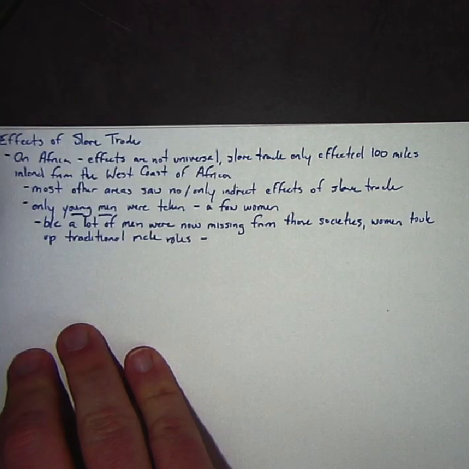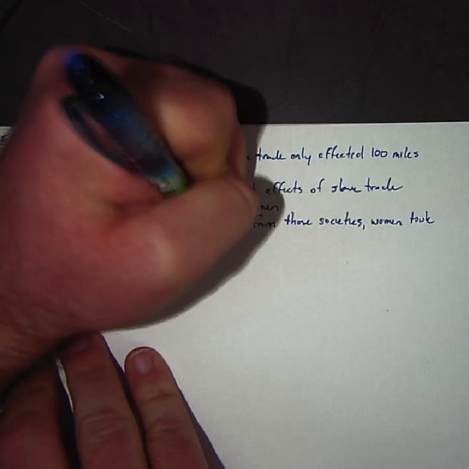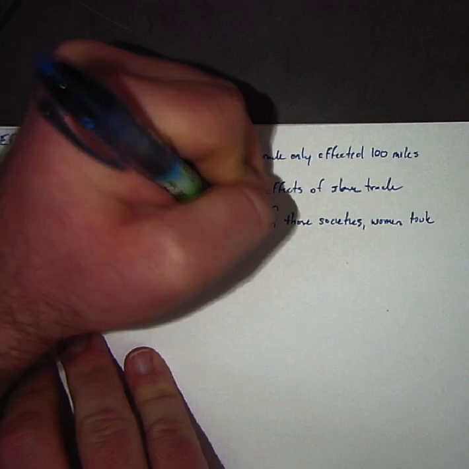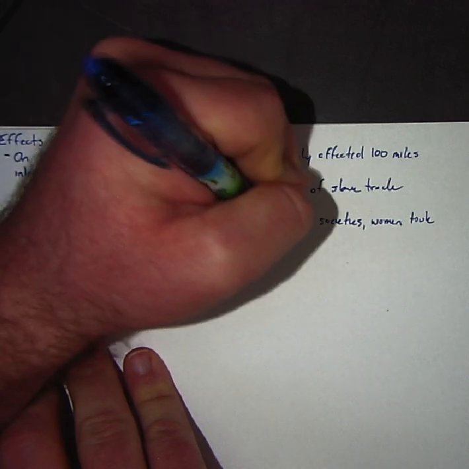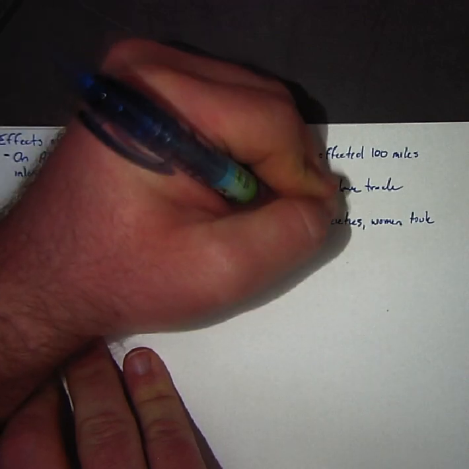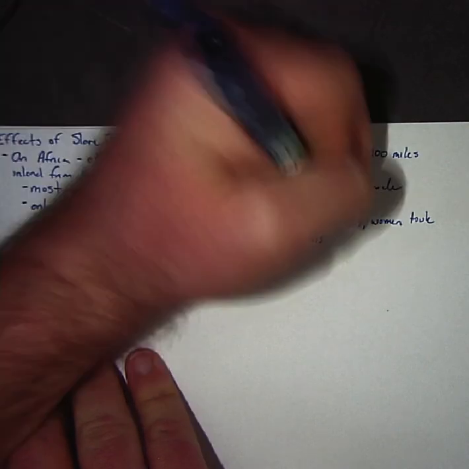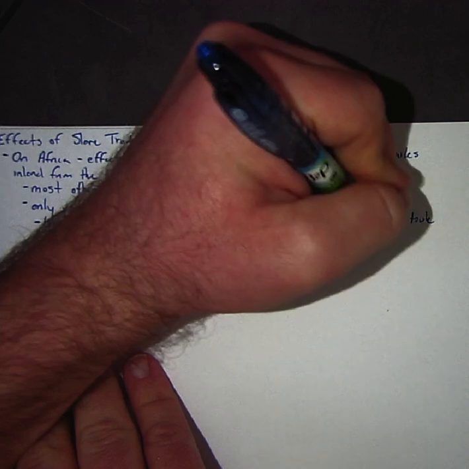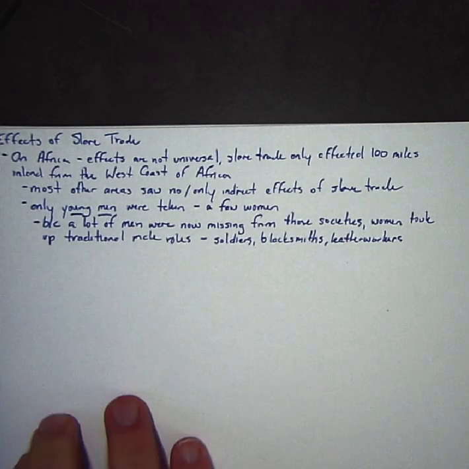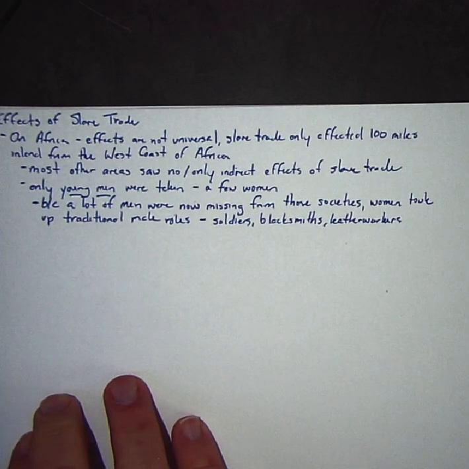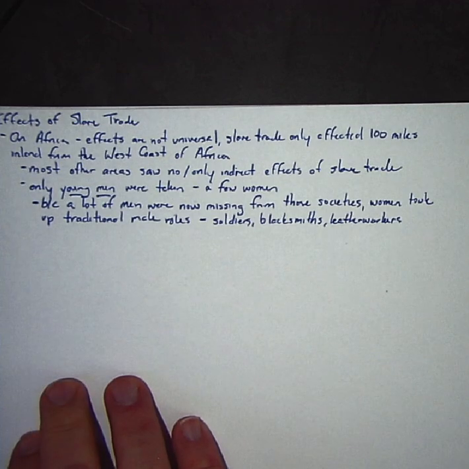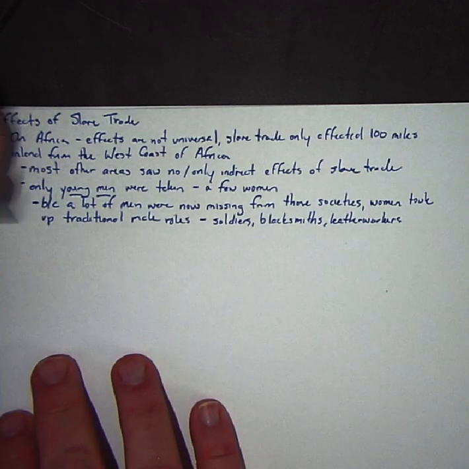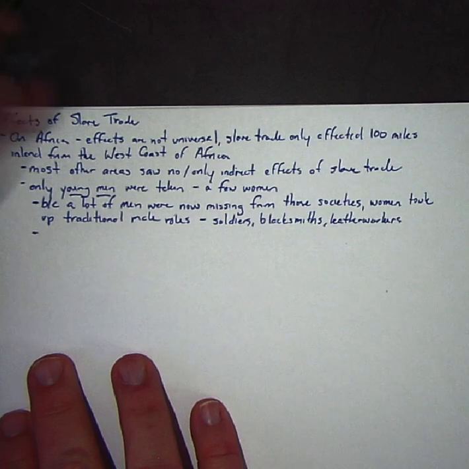So we might see female soldiers, blacksmiths, leather workers, things that were traditionally male. Women started to do them because somebody needed to do those jobs and there weren't enough men to do them, so women did them. We also see a new practice of polygyny.